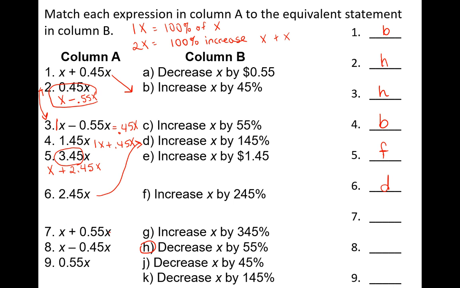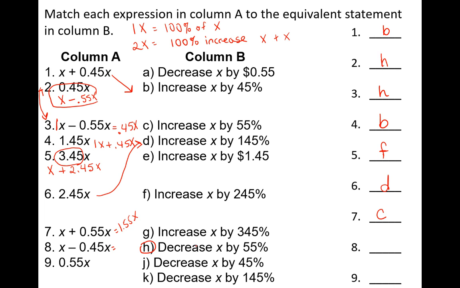X plus 0.55x, that's going to be 1.55x. That's an increase of 55%. That's C. X minus 0.45x, that is a decrease of 45%.